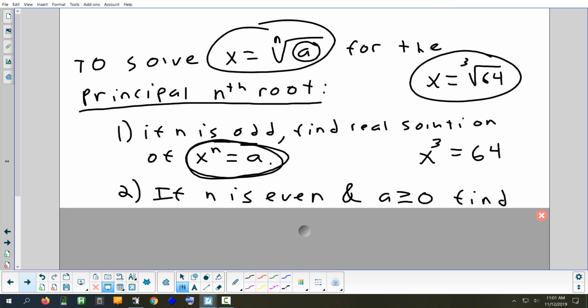We're not dealing with imaginaries. So anytime you're dealing with an even root, the radicand has to be positive. That is not true for an odd root. Like if I said, what's the cube root of -8? That's no problem, -2. -2 times -2 times -2. Cube roots can be positive or negative. Even roots have to be positive.